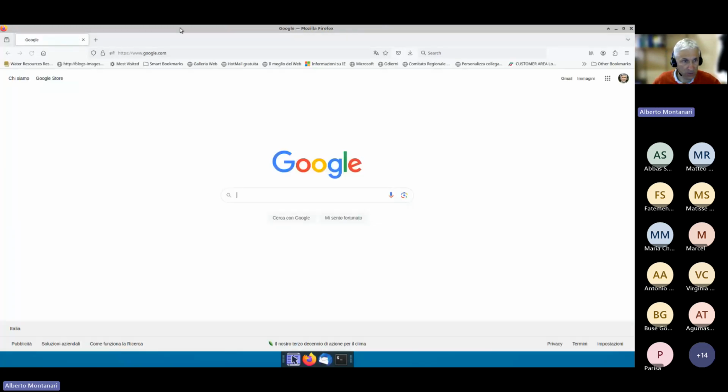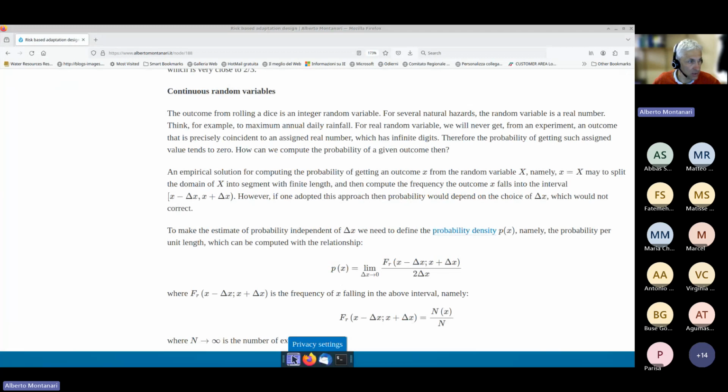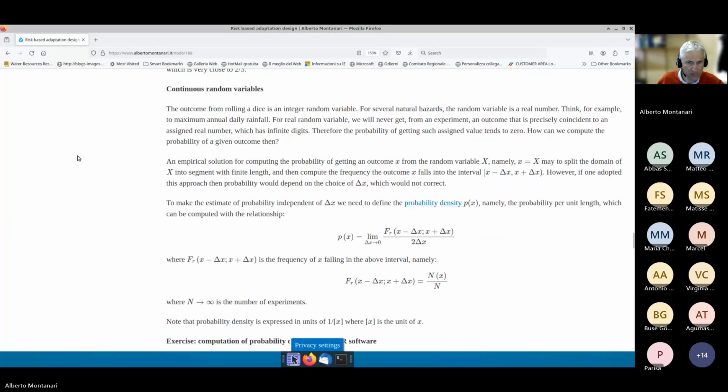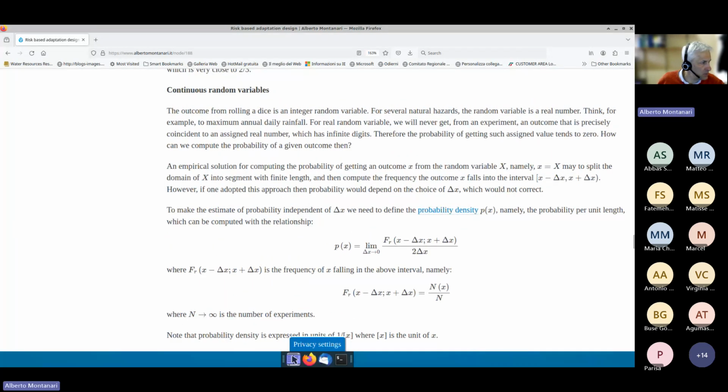Just 1 second. I want to make the correction online of these mistakes, because there is a b that is missing and there is a plural that is missing. So give me 1 second, and I am making the correction online. Okay, this is perfect.